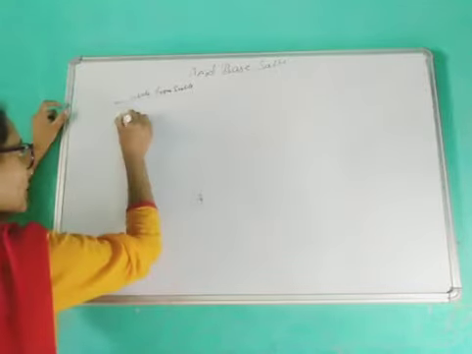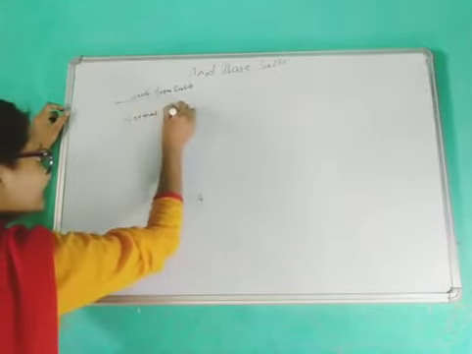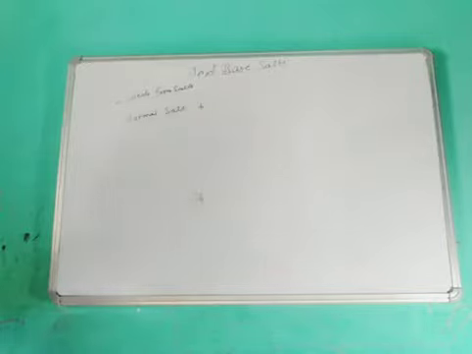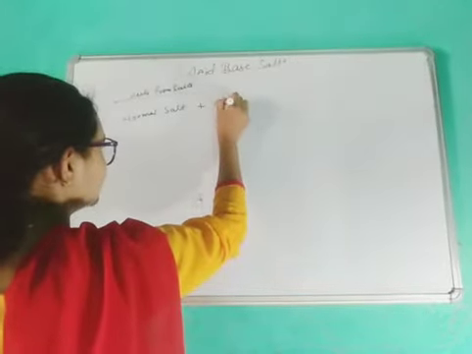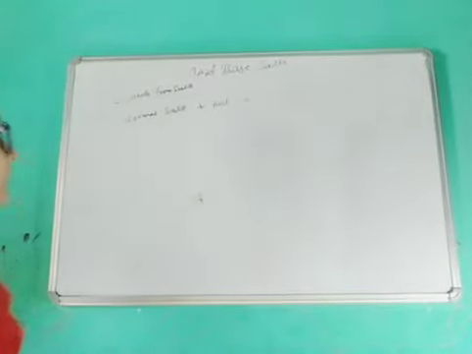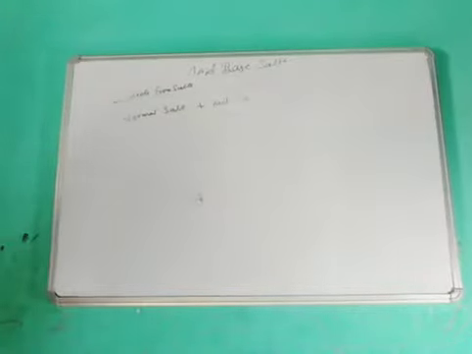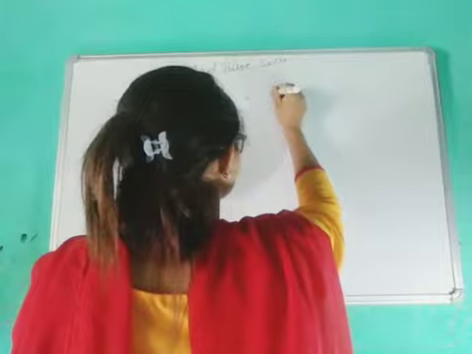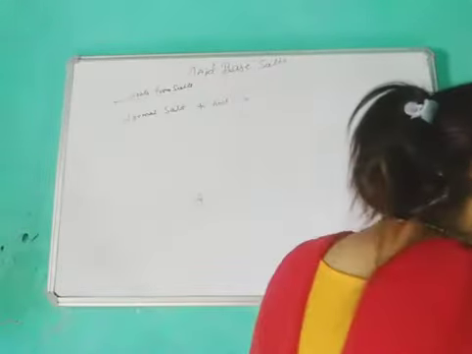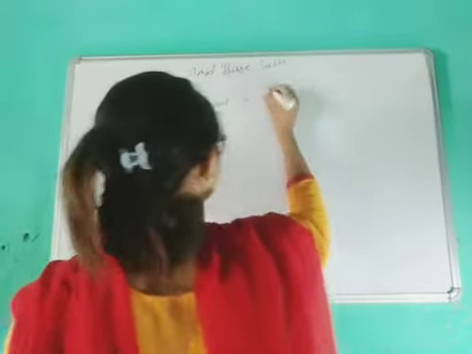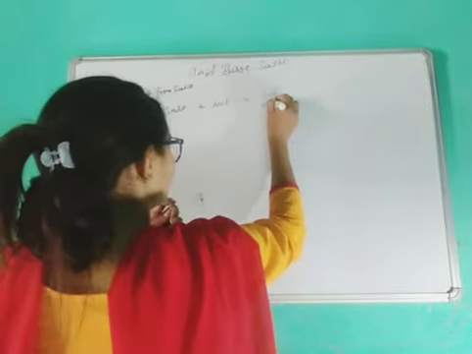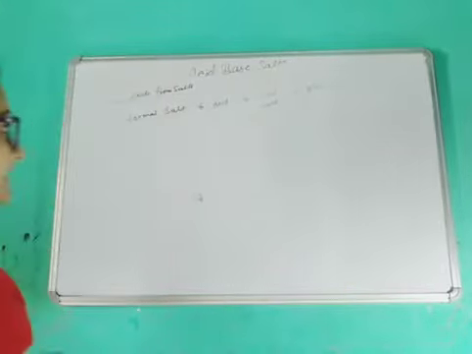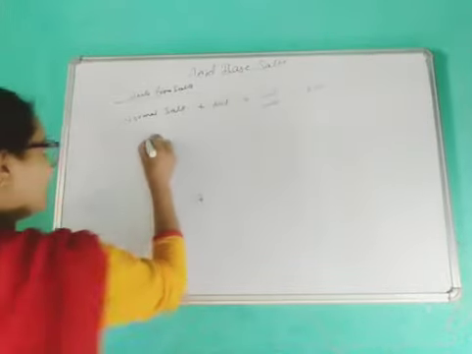So we use a normal salt, and a normal salt plus an acid will give you an acid salt and another acid.